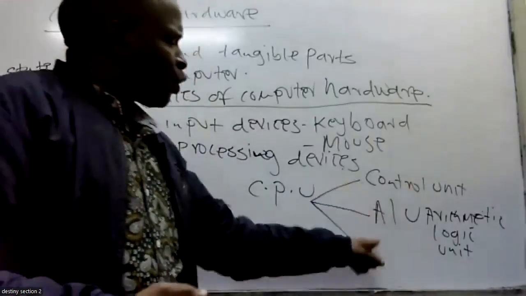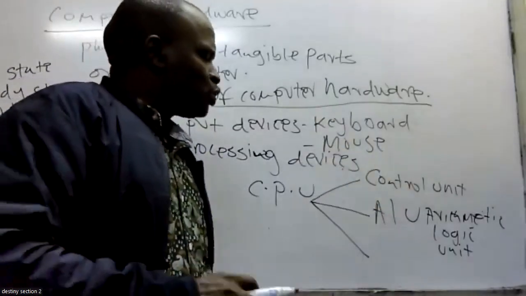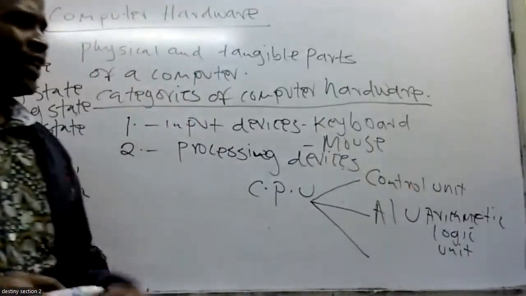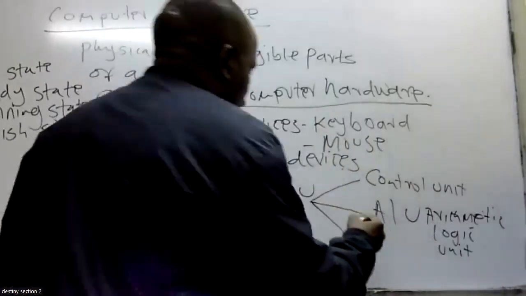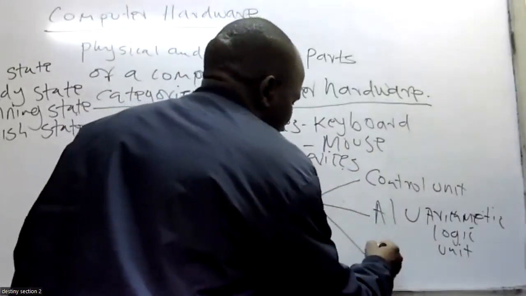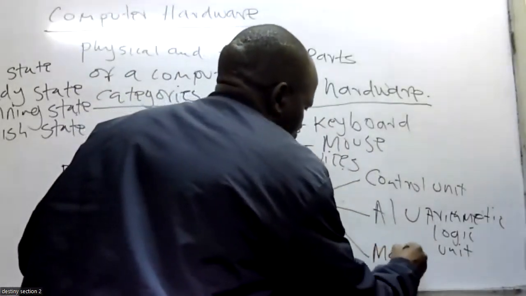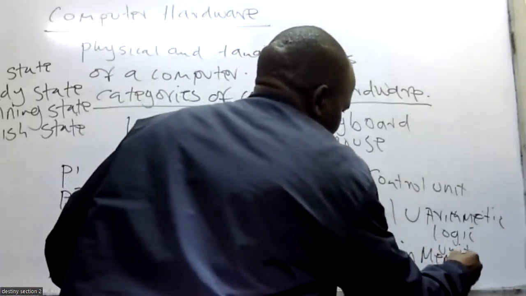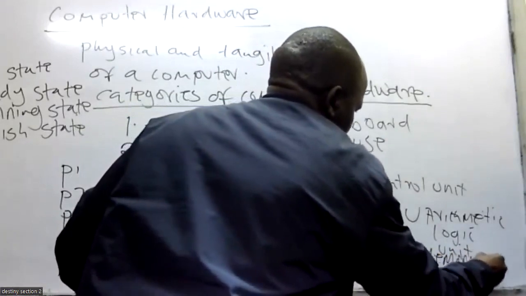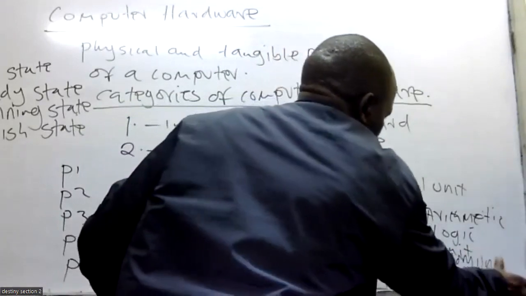Apart from the control unit and the ALU, that is the arithmetic logic unit, we also have what we call the main memory unit. What is the main memory unit?